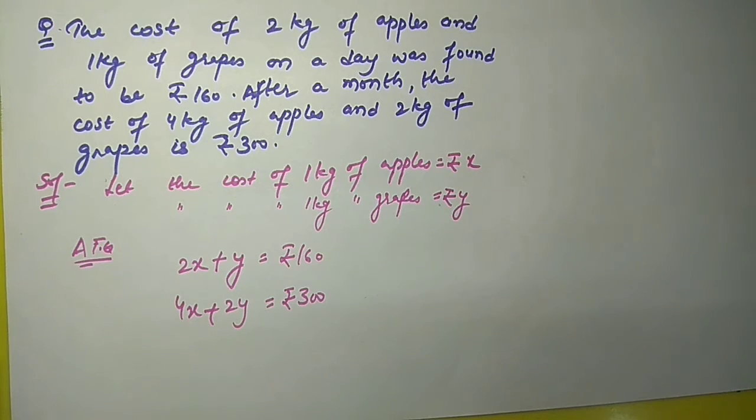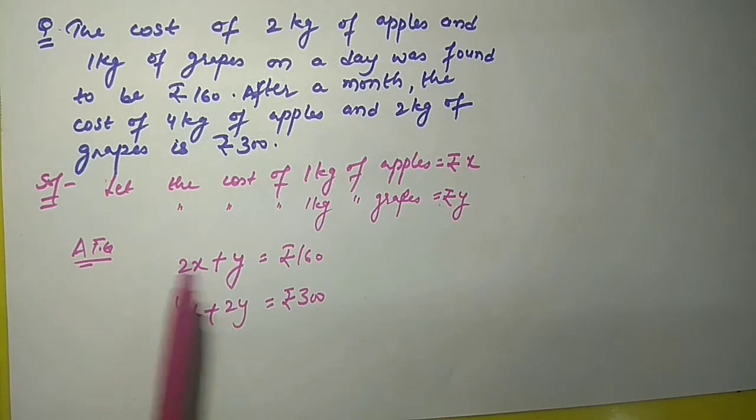Now, if we want to represent this geometrically, or graphically, we have studied that in the last video, and that is also a concept of class 9. What we have to do is first make the table by letting x is equal to 1 and finding the value of y.